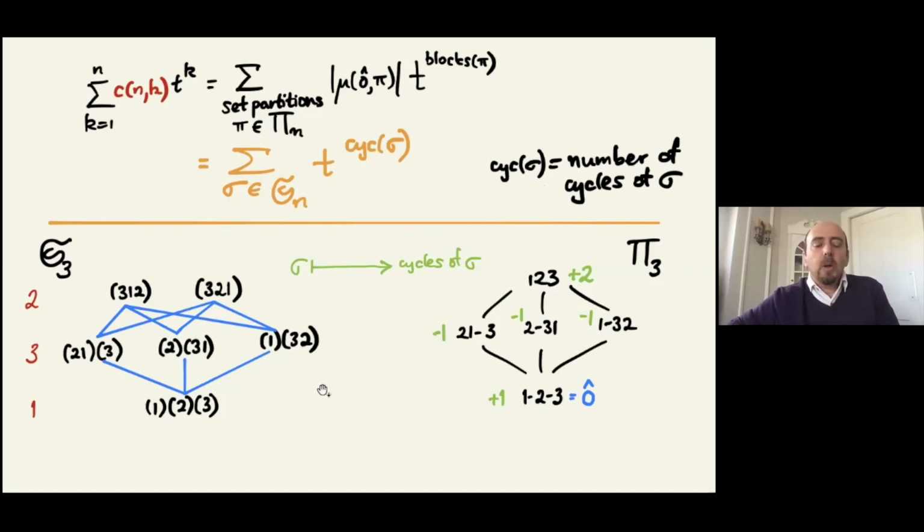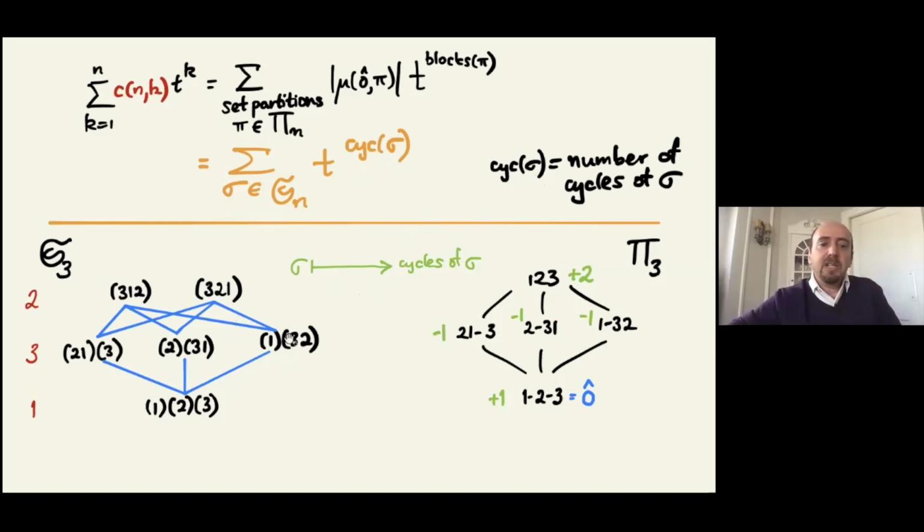And one way to see the relationship between these two different versions of the generating function is the map from S_3, the permutation group, that takes a permutation written in its cycle notation to just the set partition which corresponds to the cycles.